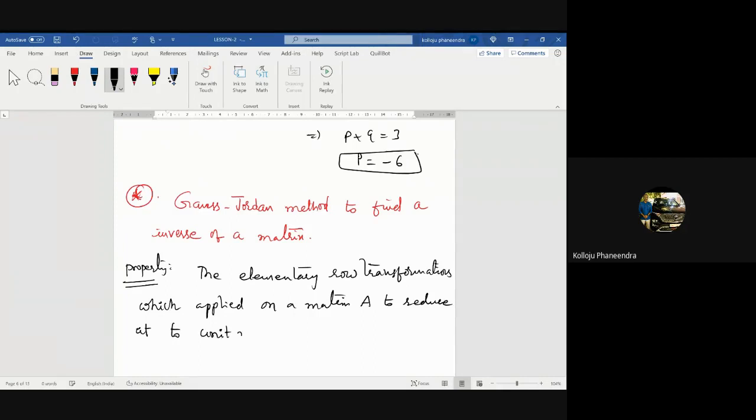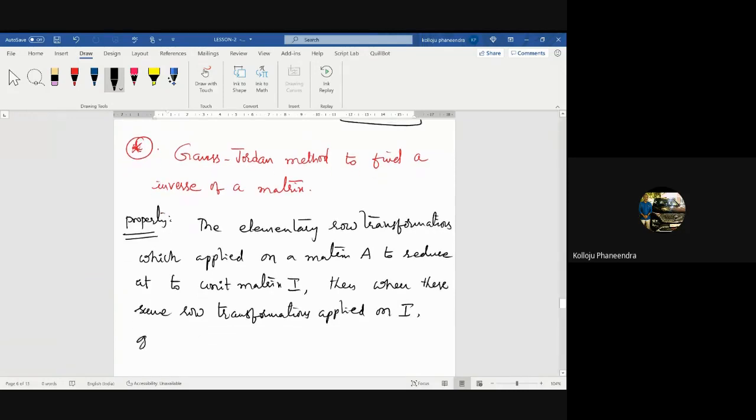Unit matrix means identity matrix I. Then when the same row transformations are applied on I, it gives the inverse of A.